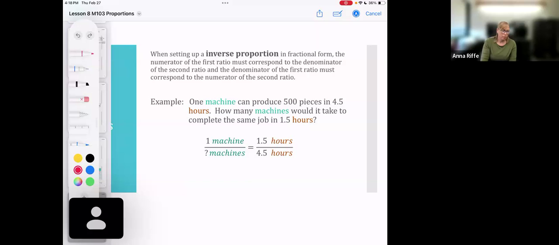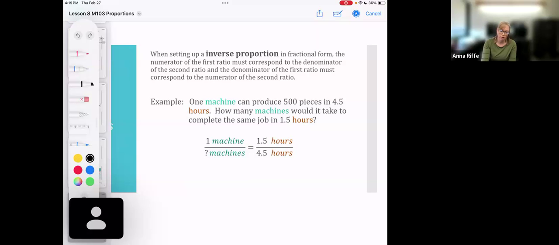Let's do this by example. This is a very similar setup to the previous one, so just watch the wording here. One machine can produce 500 pieces in 4.5 hours.